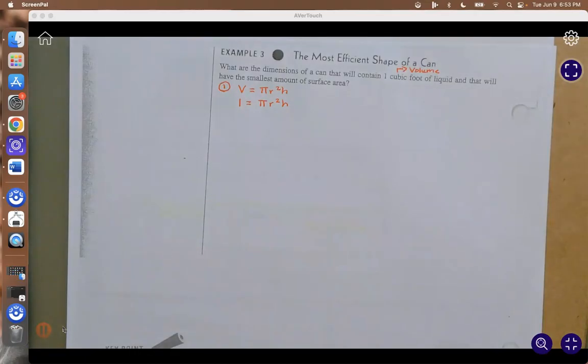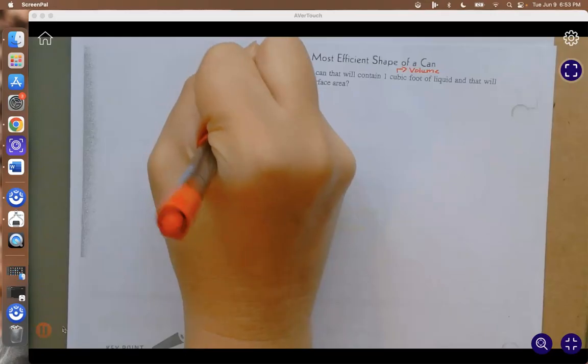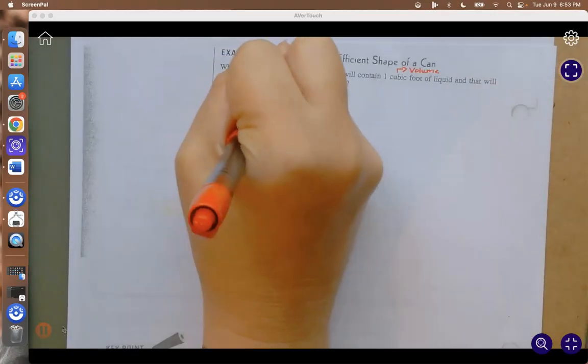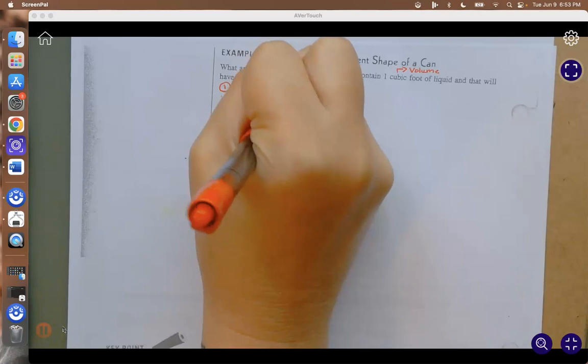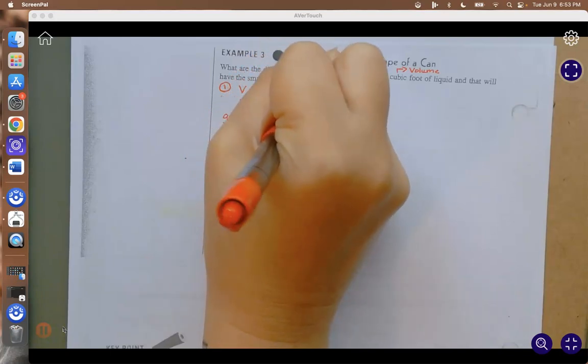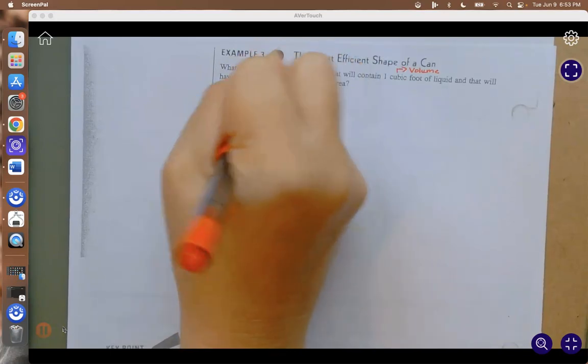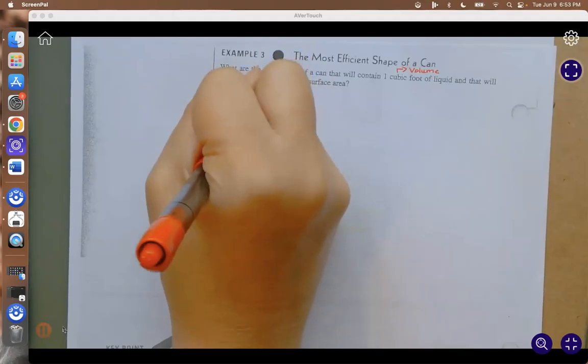The first thing we need to do is solve for one of the pieces. We're going to solve for h, getting h by itself. These are being multiplied, so to move them, you divide.